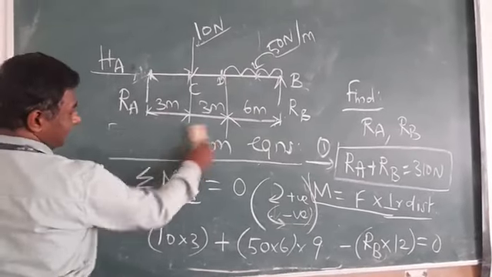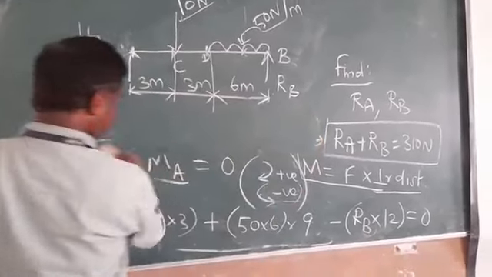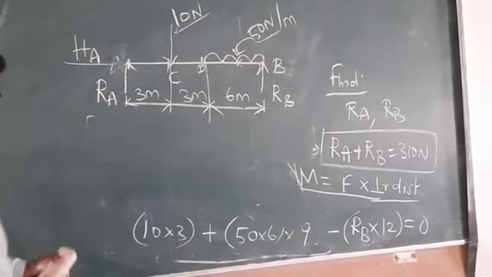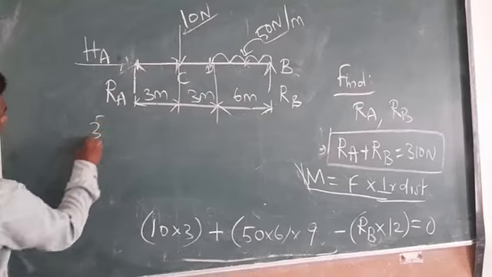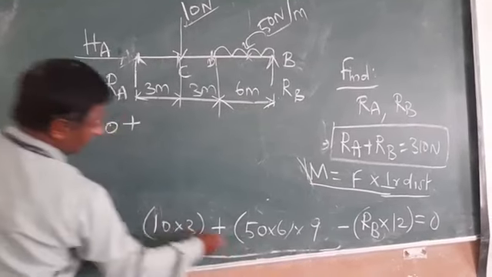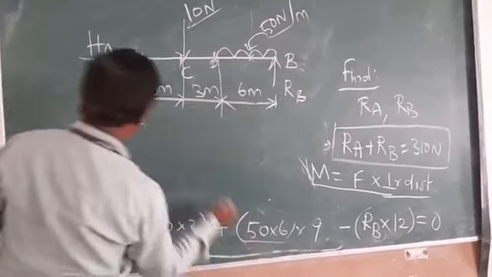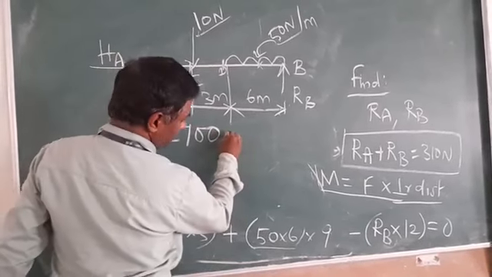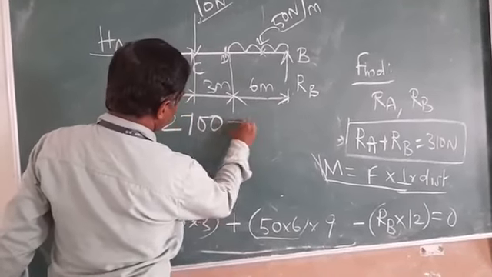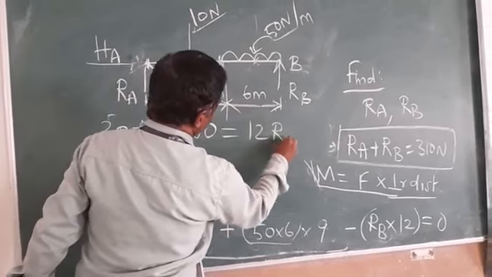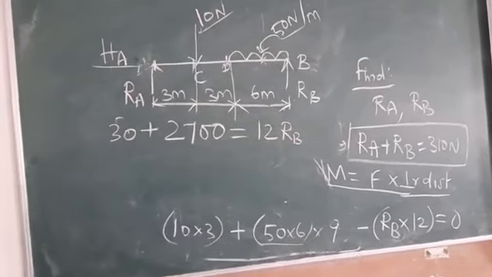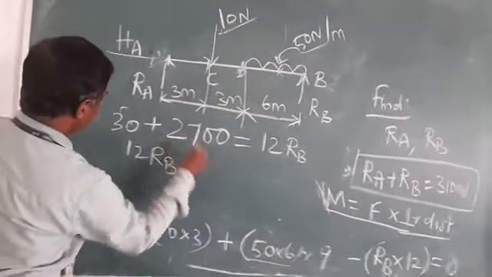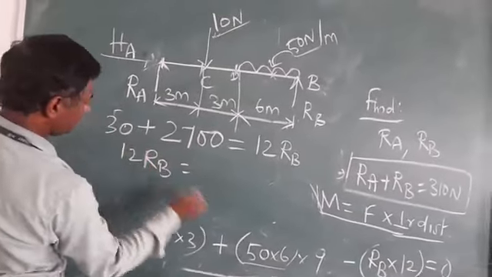So this is 30 plus this 300 into 9, that is 2700, and minus 12 RB. Moving that to the other side, 12 RB equals 2700 plus 30.